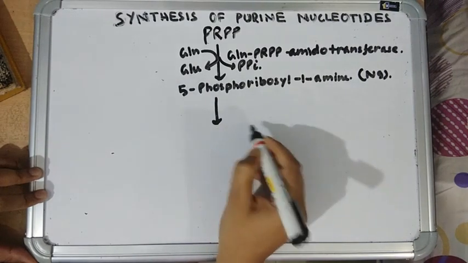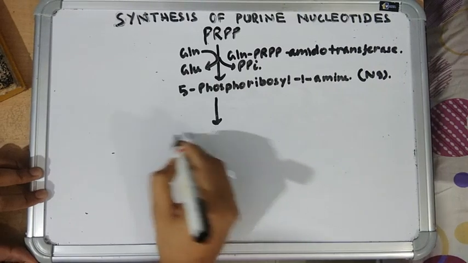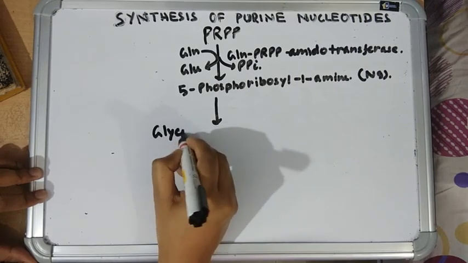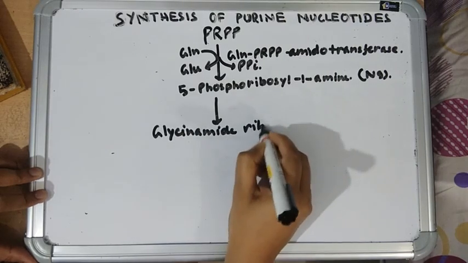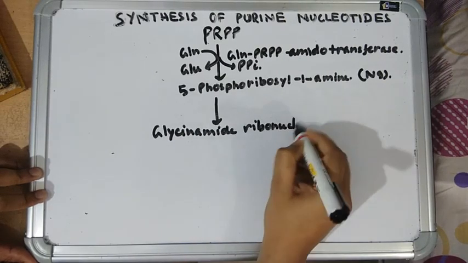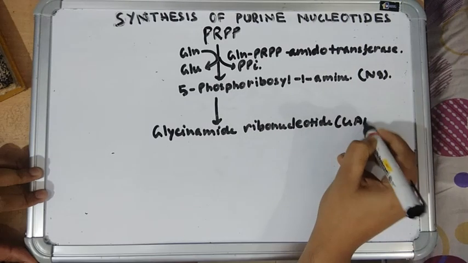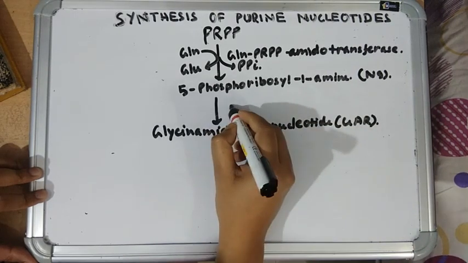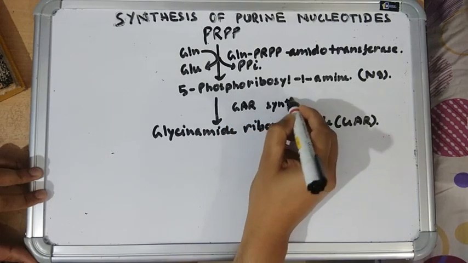Next, this 5-phosphoribosyl 1-amine is converted into glycinamide ribonucleotide or GAR by the enzyme GAR synthetase.